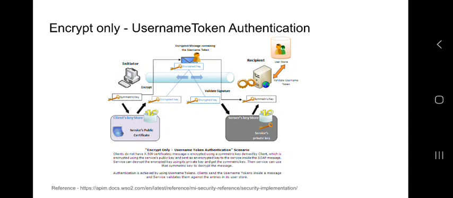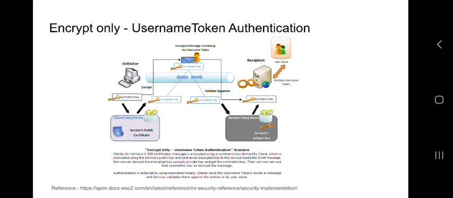And on the recipient's end, once the message comes, it first needs to use its private key to decrypt the symmetric key and get hold of the symmetric key. And then that symmetric key will be used to decrypt the message. And within that message, you extract the username token.